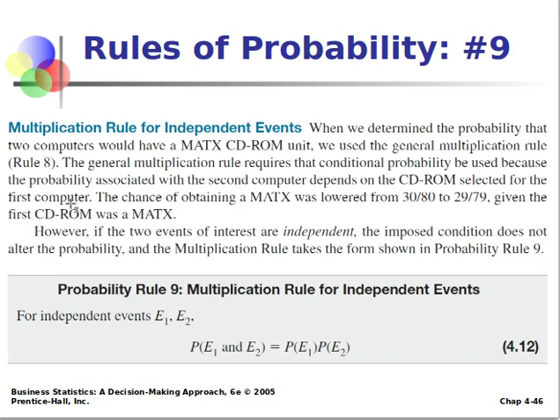It requires conditional probability because the probability associated with the second computer depends on the CD-ROM selected for the first computer.